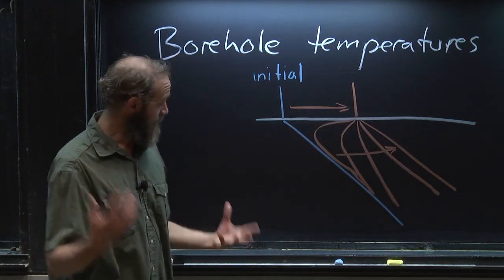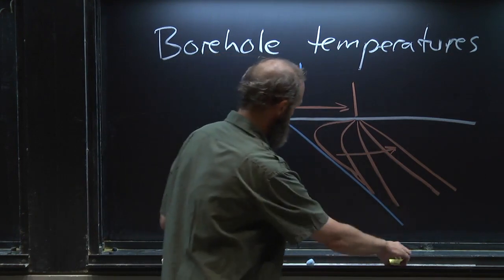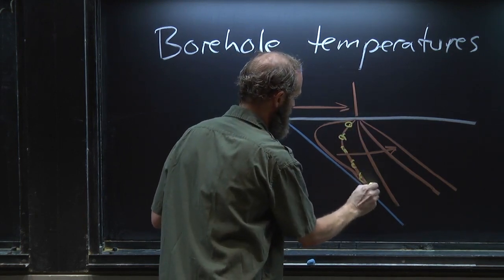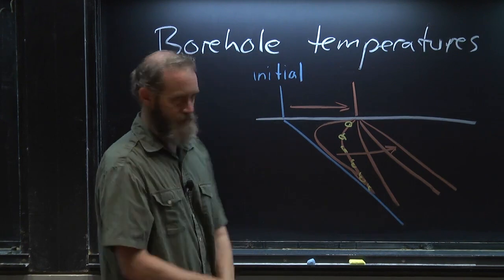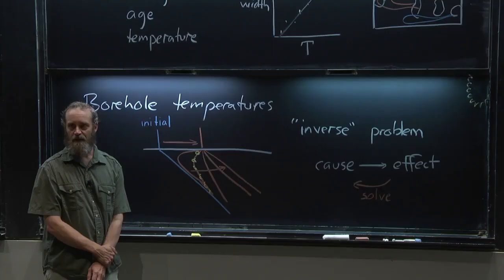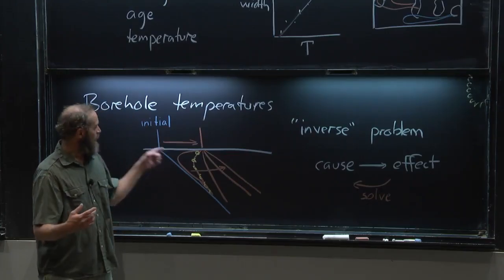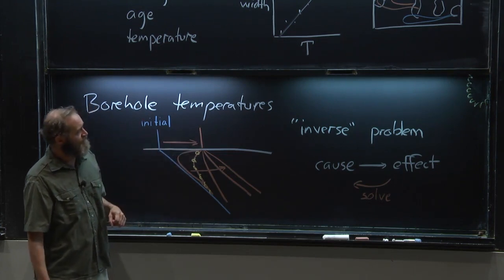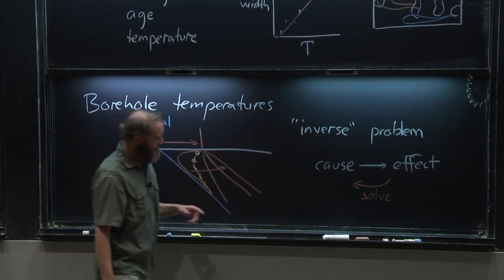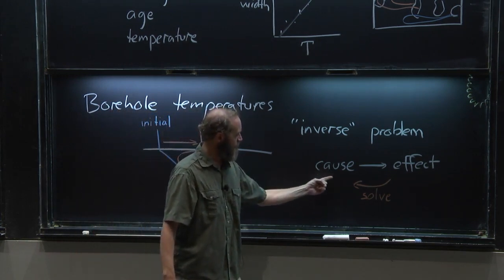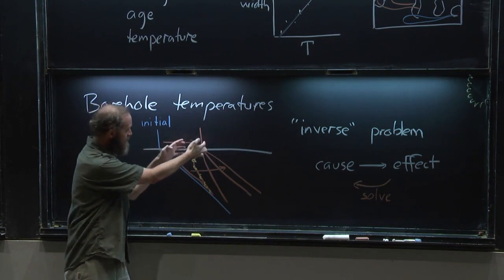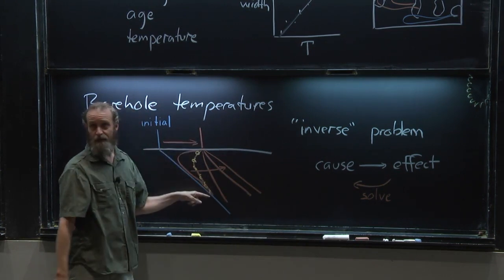So if you go out and you measure the temperature today and you happen to see something that looks like that, you can use what's known as an inverse method to try to back out how much the temperature changed and when. It's called an inverse method because while reality goes from cause to effect, the change in temperature at the surface leads to this distribution of temperatures below.